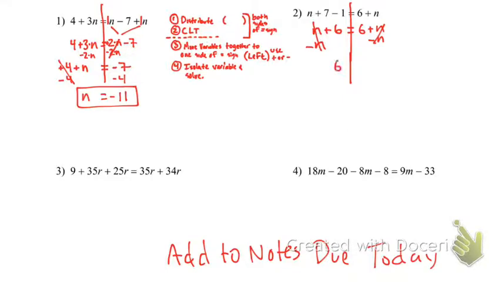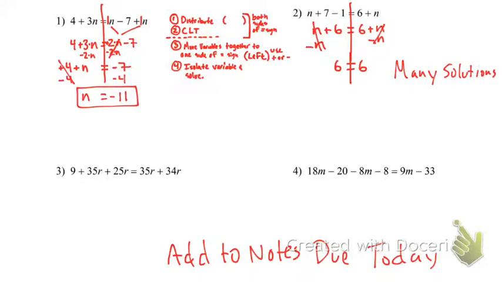And you're left with this statement: 6 is equal to 6. So when the variables cancel out, you'll have a statement that looks like this. So your answer is, when the statement is the same, many solutions. Because 6 is equal to 6, these are equal to each other, it's many solutions.